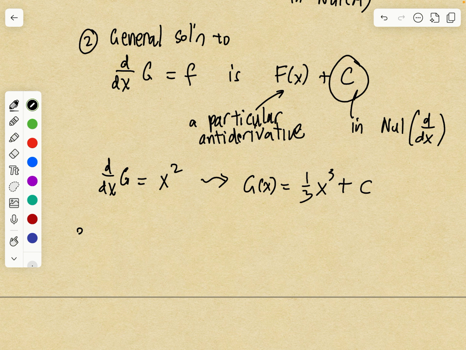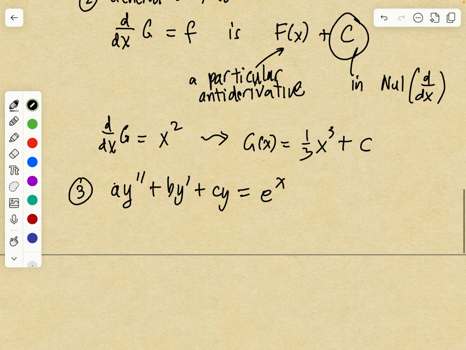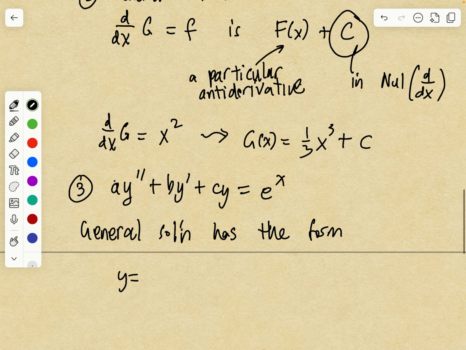And then in differential equations, again, it's this xp plus xh. So the general solution, if I have a differential equation like ay double prime plus by prime plus cy equals some function like e to the x or something, the general solution has the form y equals yp plus yh.